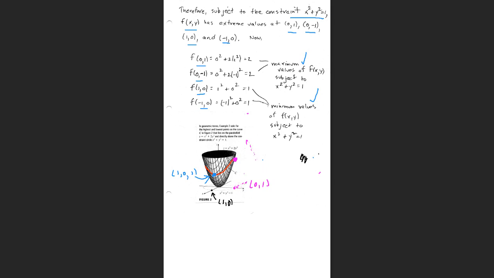Okay, so then what is this coordinate here? It's going to be 0, 1, comma. What's the z value? What's the function value, the maximum value?